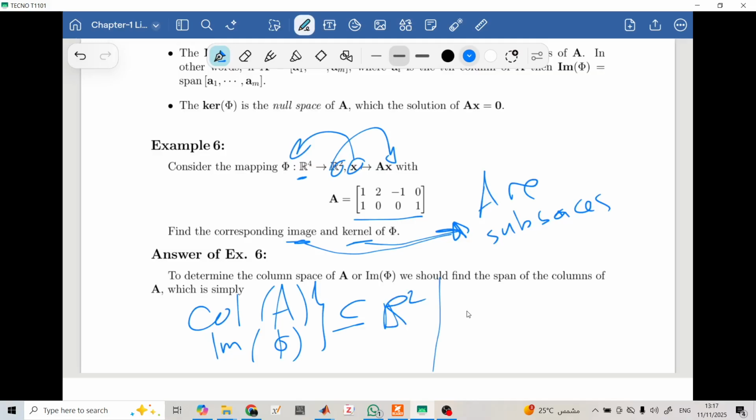Whereas the null space of A, or the kernel of phi, both of them are subspaces of the domain, R4. This is very important.